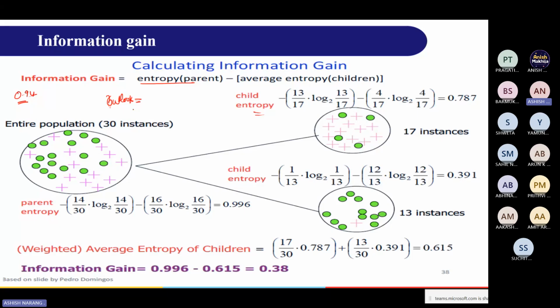So I'll check Outlook, humidity, temperature, and wind. I'll try all four. Now I know at the base I have this much entropy, but when I am taking one attribute at a time, what is the entropy level?